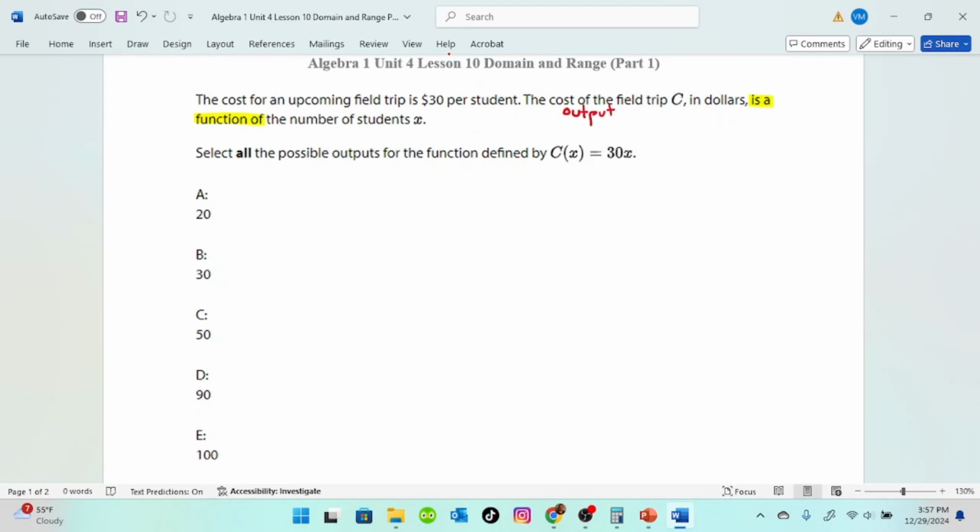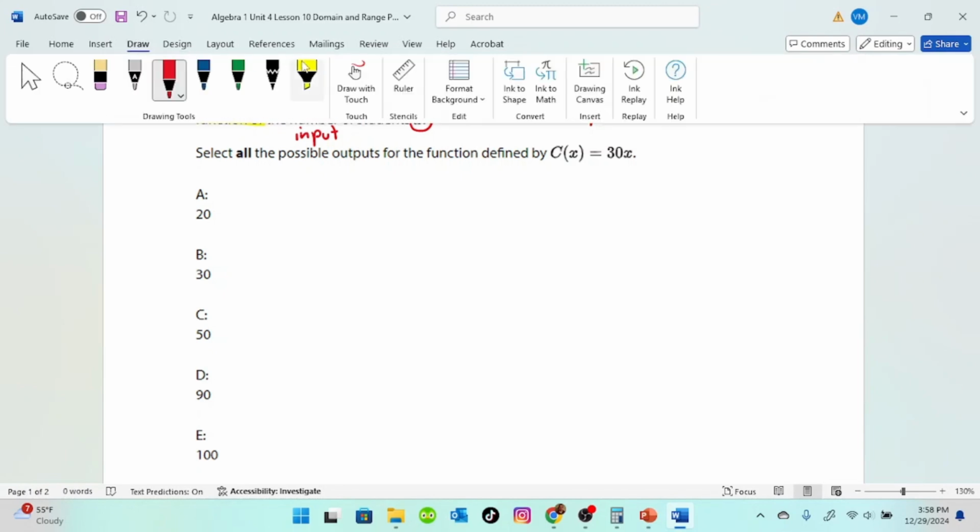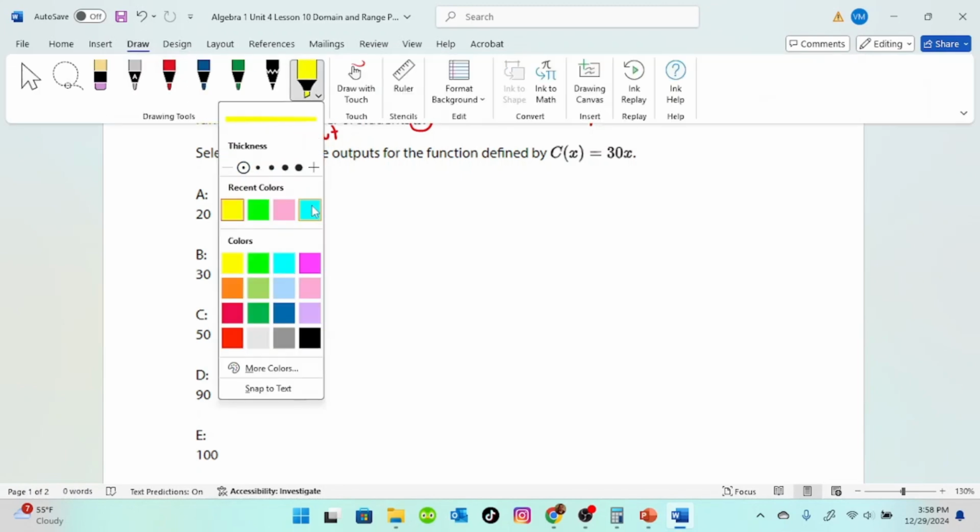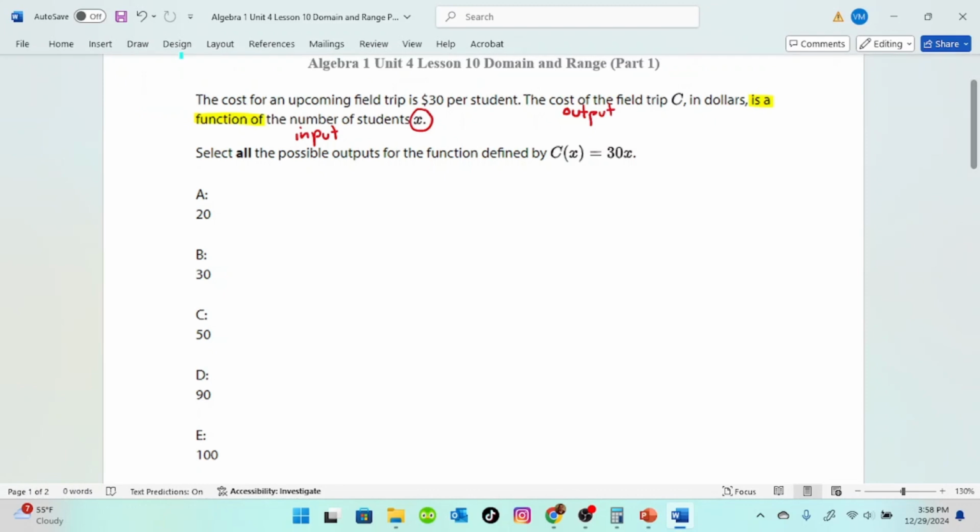Whatever comes after those words is my input. And you'll see right here, they're telling us that the number of students is x, which is our input. Now, we care about all the possible outputs. So we care about the cost.